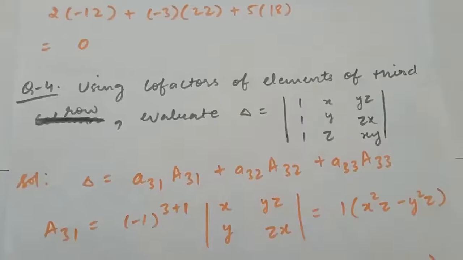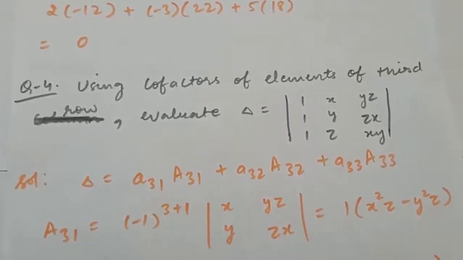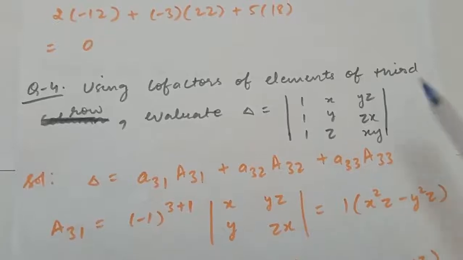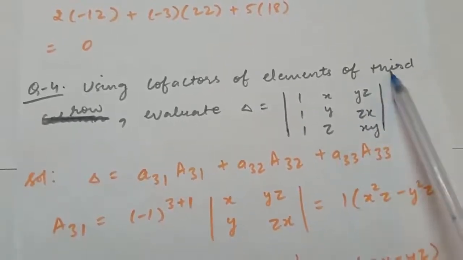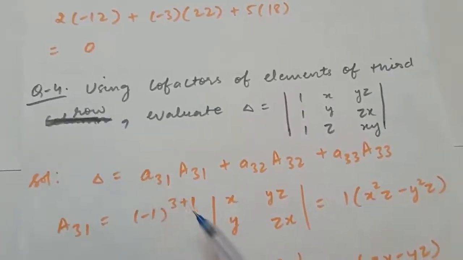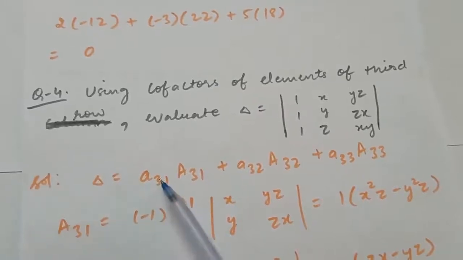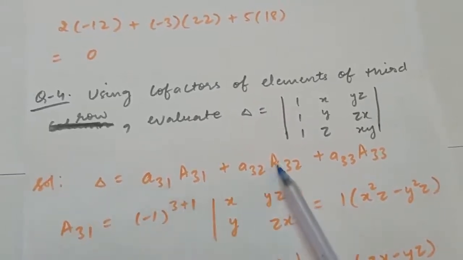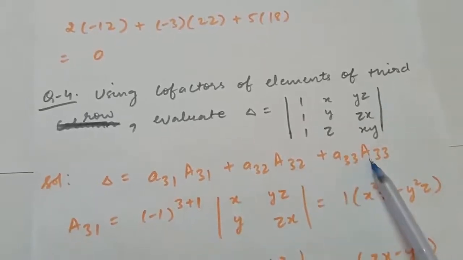Now the next question is, using cofactors of elements of the third row, evaluate this determinant. So we have to evaluate this determinant using the cofactors of elements of the third row. So the determinant will be the sum of the products of the elements of the third row with their corresponding cofactors, right?